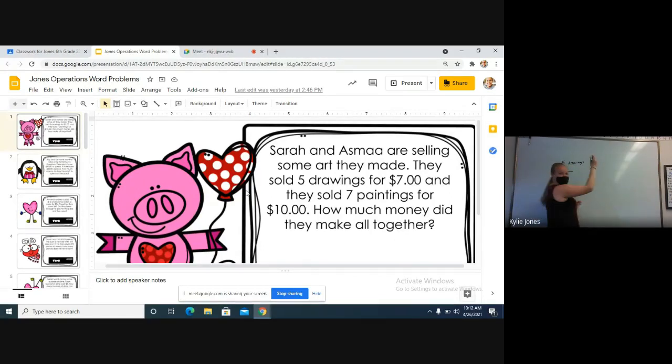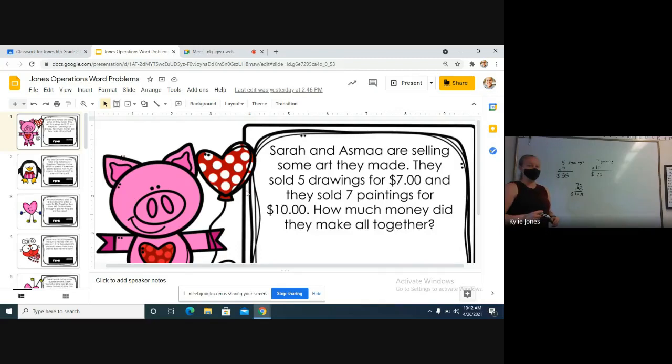How many are they selling? 7 paintings times how much money each? $10 is how much money? $70. How do I figure out how much they made total? Add them up. 70 plus 35 is $105. There's our answer.